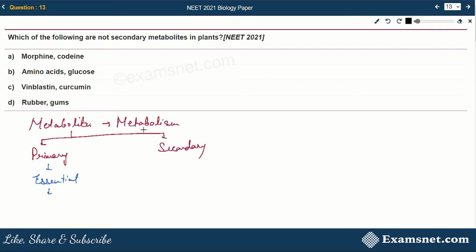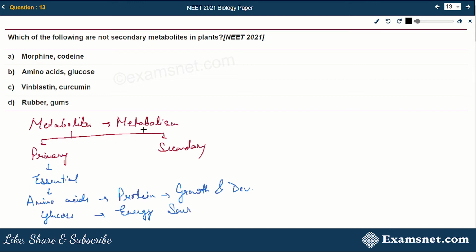For example, amino acids are the monomers which polymerize to give us protein, and protein is absolutely important for the normal growth and development of any organism, isn't it? Similarly, glucose acts as a primary energy source, and no organism can carry out its daily functions or activities without obtaining energy from glucose.